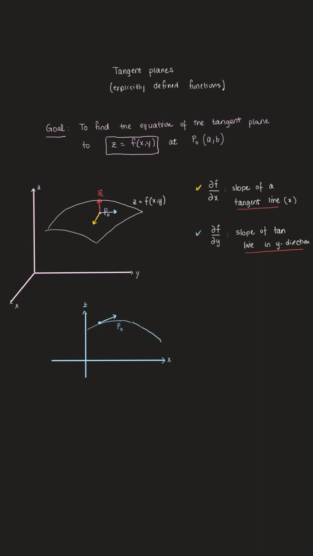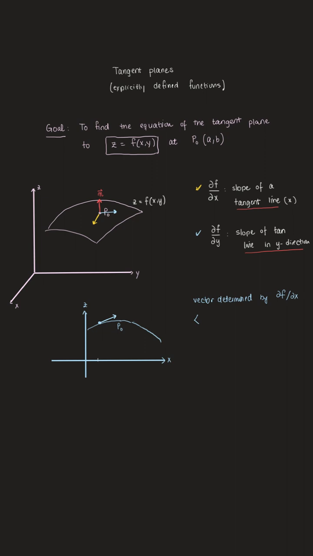Its slope is going to be the partial derivative of z with respect to x, or of f with respect to x. So y is held constant. So we'll write the vector determined by df dx.